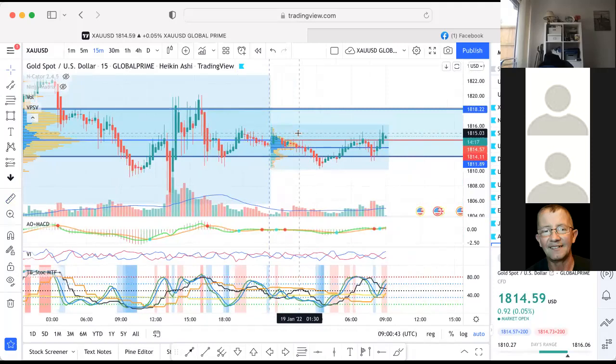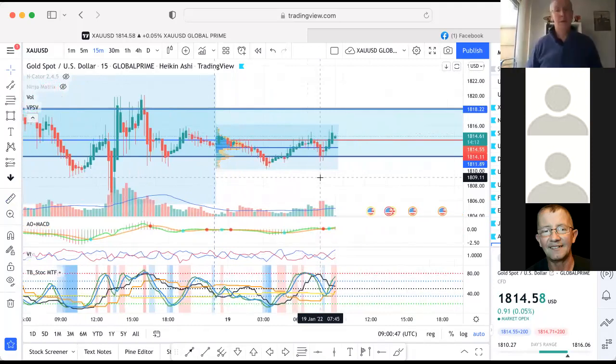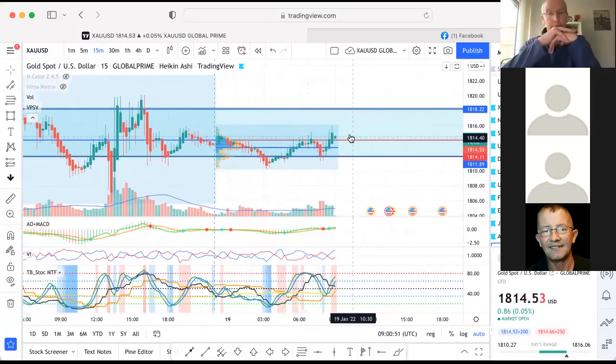It wouldn't be any good to me today, not at this point anyway, because we're actually within the field of play. And as you can see, price is hovering around the point of control. It's looking as if it's going upwards, and I suspect it'll go all the way up to the edge of the value area and then bounce off that line there and come back to the point of control.